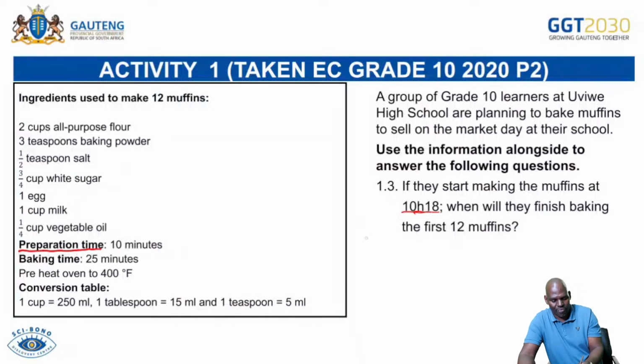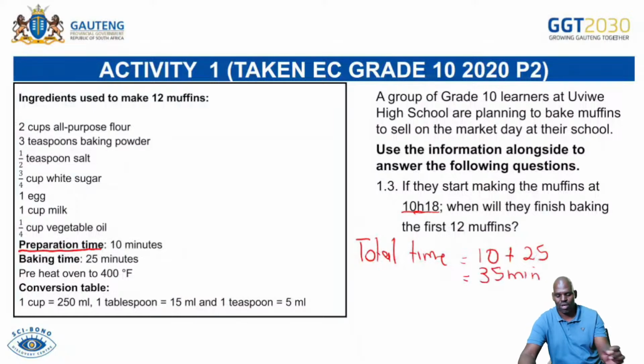So they are going to take the total time, in this case, 10 minutes plus 25 minutes. So they are going to take 35 minutes. Now, if they're starting from 10:18, then we add 35.